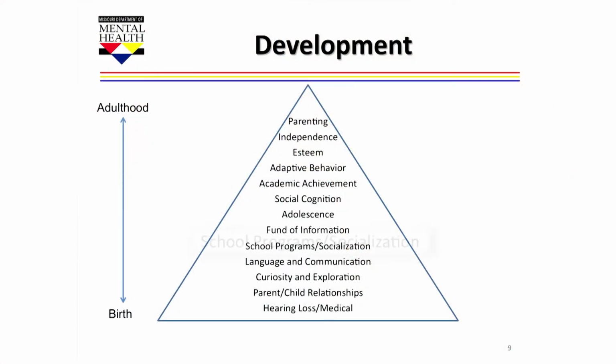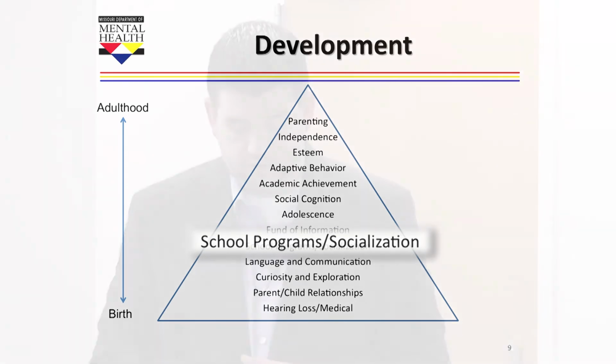In our previous unit on deaf culture, we talked about the importance of social programs. So the next window of developmental opportunity revolves around school programs and socialization. What method of education do they choose for their child? Do they send them to the state deaf school? We see a lot of times deaf children being sent at very young ages to a residential state-run deaf school in which they're separated from their families from a young age, when they have to learn socialization skills in a dormitory type environment.